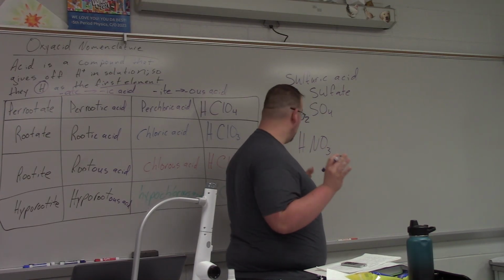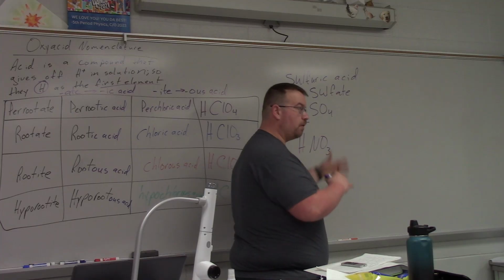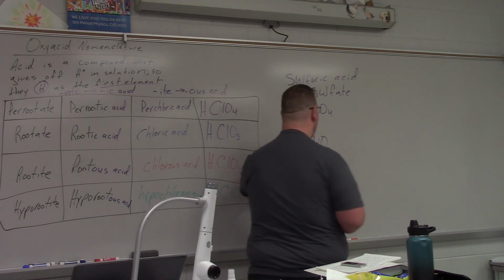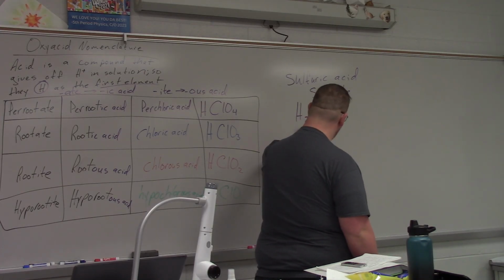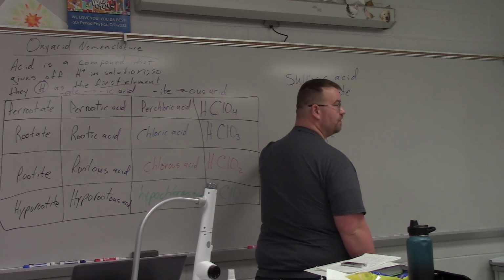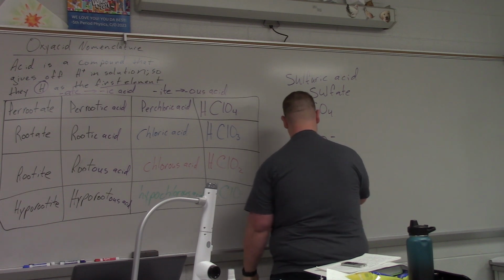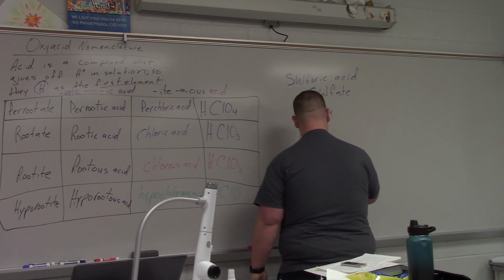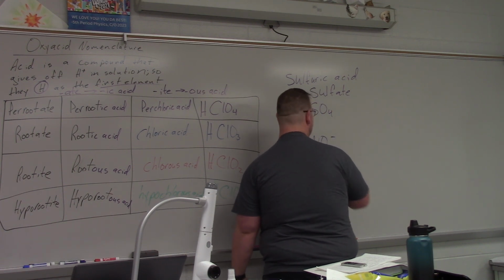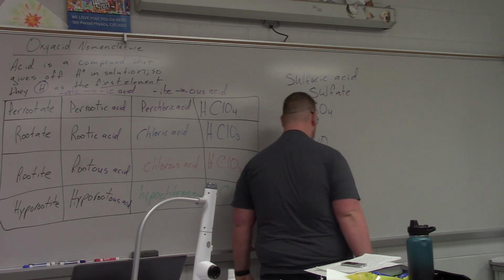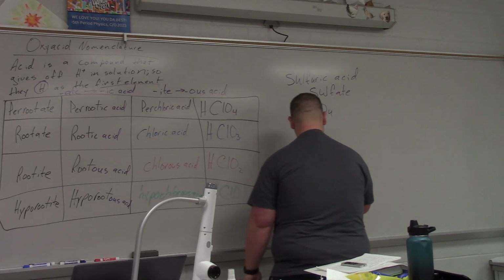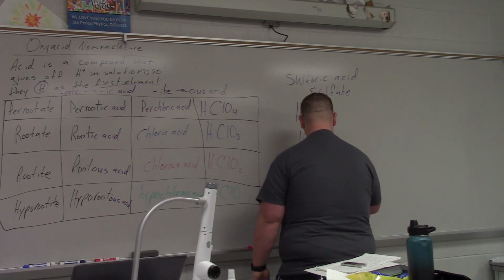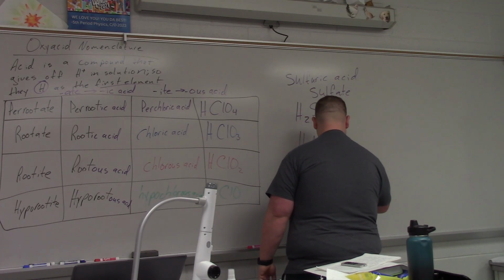Well, I have no idea what this is, so let's work backwards. I have 1 hydrogen, which means put the negative back. So now I look at this, NO3 negative, that's nitrate. But this is the acid. So when I look at the acid, ate becomes ic acid. So it's nitric acid.